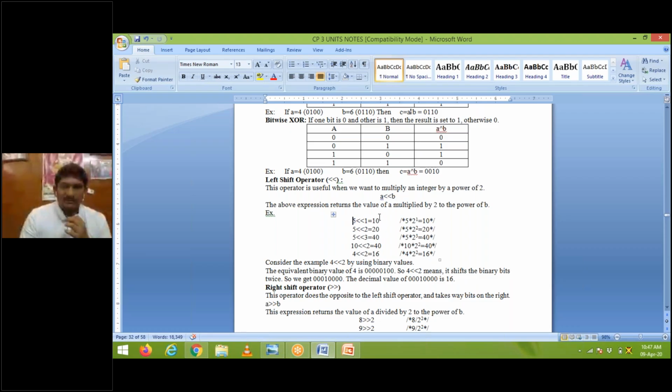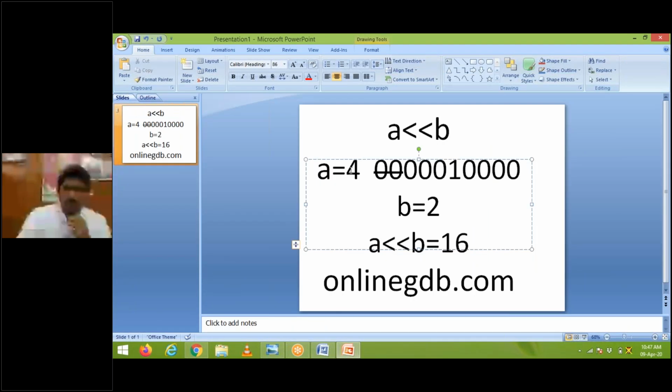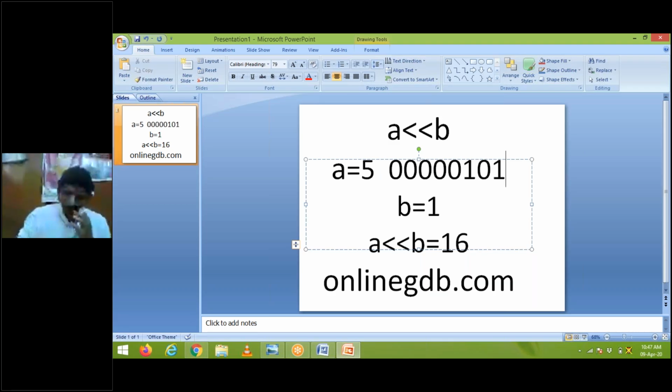So we'll do the example of 5 left shift 1. We'll take another example. 5, B value is 1. What is the binary value of 5? We have to note down 0000 0101.